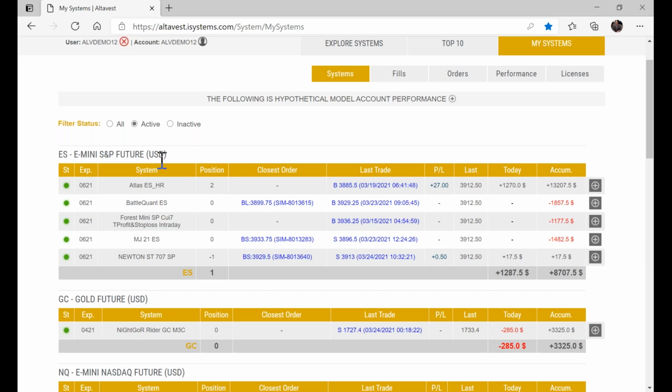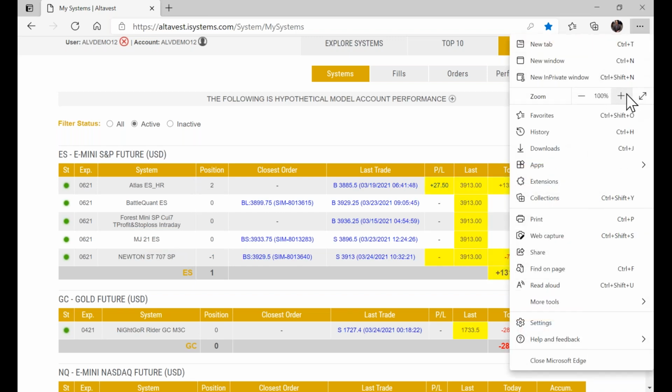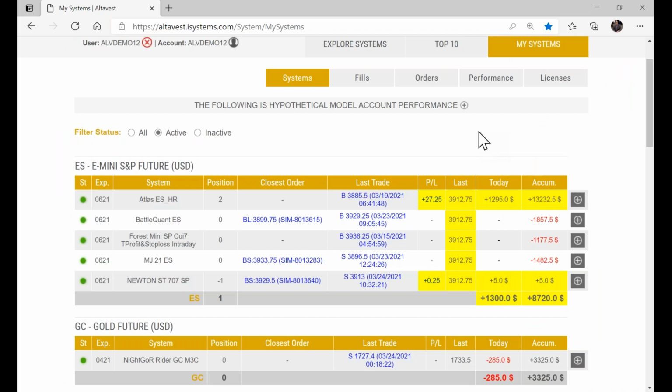So you can see some of the other E-mini S&P systems that we have running in this demo account. Let's expand it a little bit. You'll see some of these systems here, and this one here is currently long 2 contracts. These are all flat at the moment. You can see the accumulated P&L on this one here is quite good.